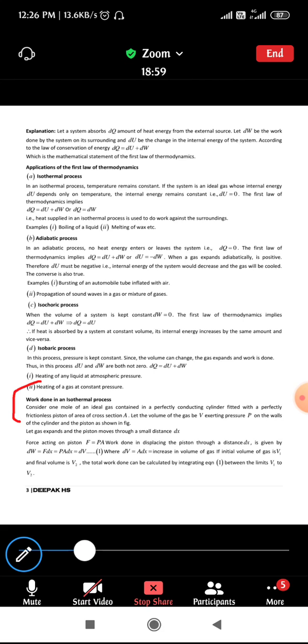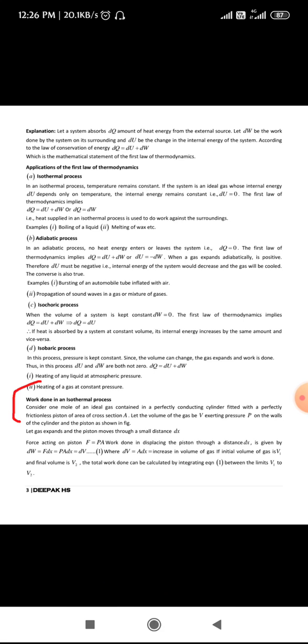Consider that as equation 1. Here dV, that is A dx, is the increase in volume of the gas.